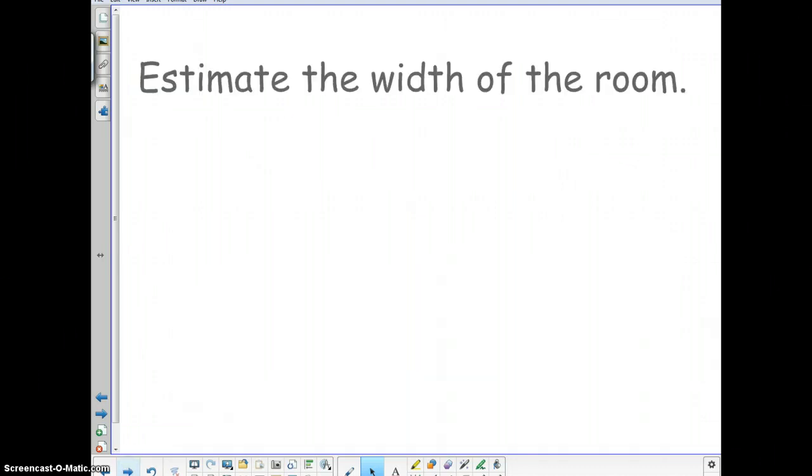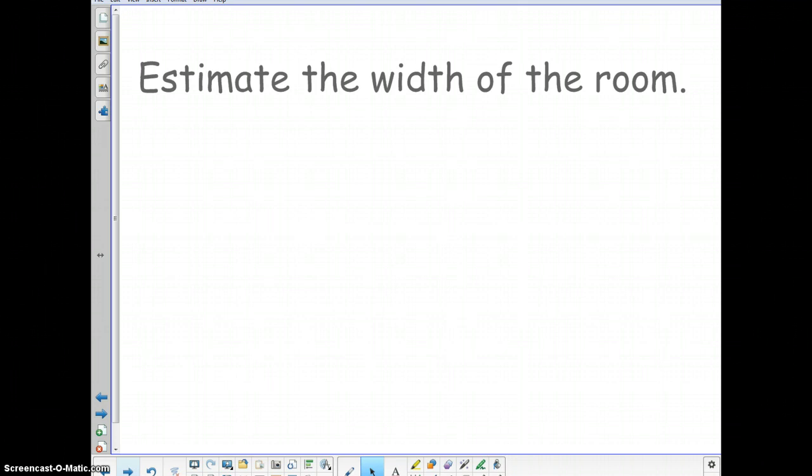The next thing I would like to do is I would like you to estimate the width of the room. Now, you should be able to do that without having to get up and do anything. You should be able to look and say, oh, well, that is about how many feet, how many yards. If you want to take a look real quick and just write down what you think the estimate is on your notes.